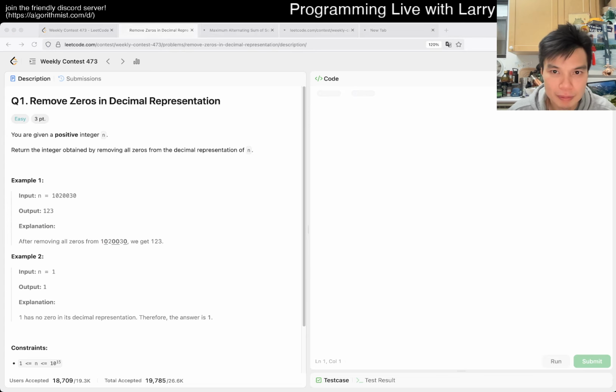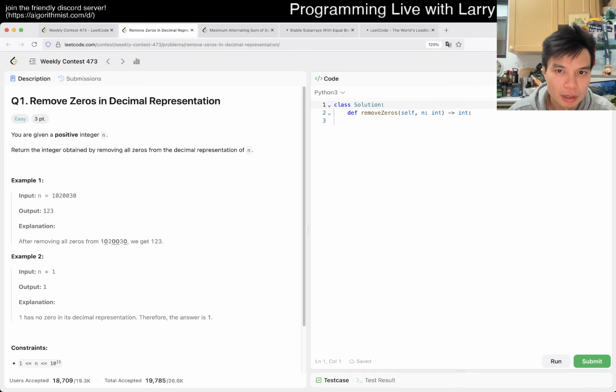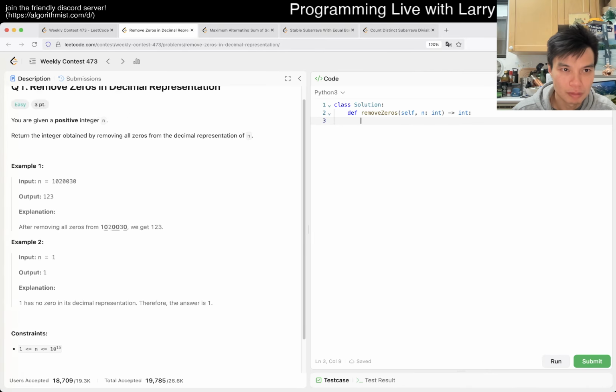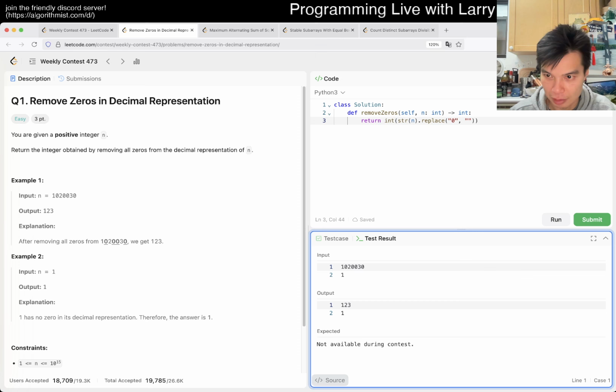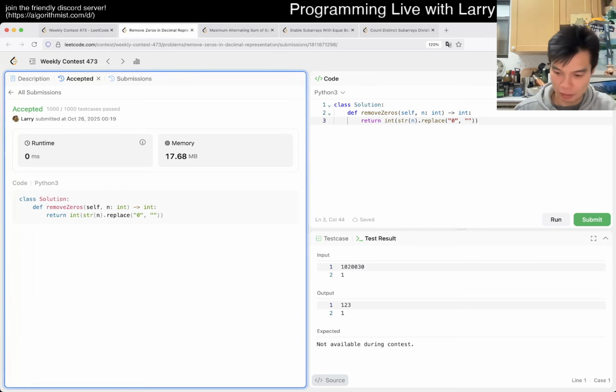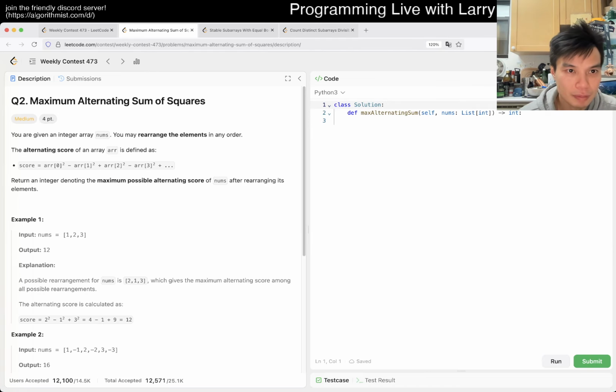Remove 0. Okay, it's positive. Okay, that's the part that I was trying to find. If there's no 0, it should be fine. Alternating sum of squares.